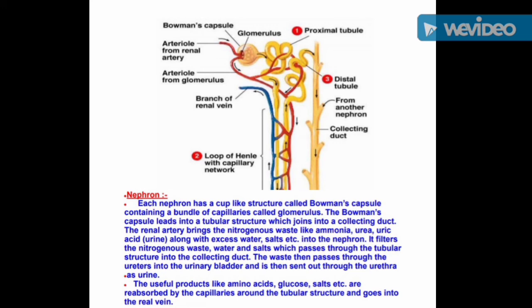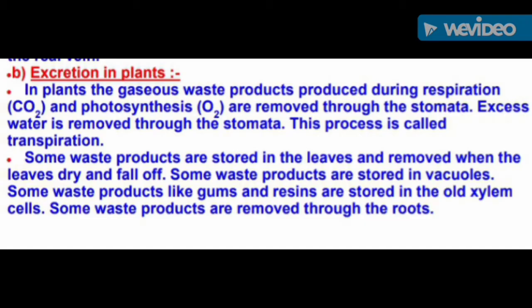It filters the nitrogenous waste, water and salts, which pass through the tubular structure into the collecting duct. The waste then passes through the ureter into the urinary bladder and is then sent out through the urethra as urine. The useful products like amino acids, glucose, salt, etc. are reabsorbed by the capillaries around the tubular structure.